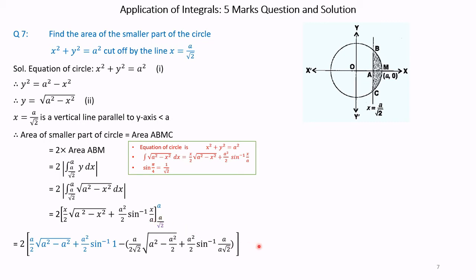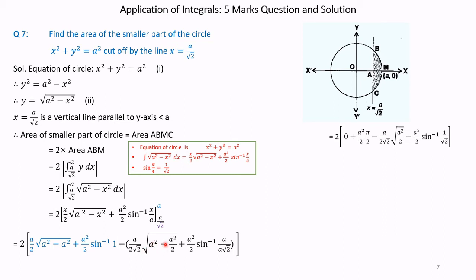Let us simplify further. That is equal to 2 into a square minus a square is 0. 2 into 0 becomes 0. A square by 2 into sine inverse of 1, which is pi by 2, so a square by 2 into pi by 2, minus 2 root 2, a by 2 root 2 into a square minus a square by 2.